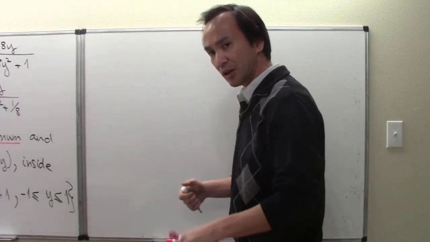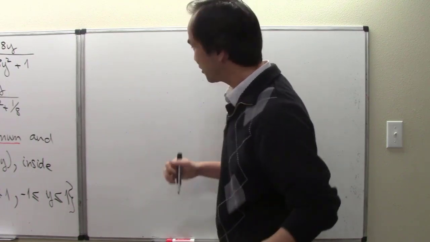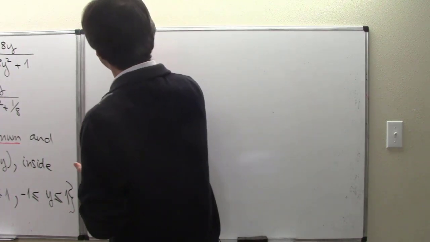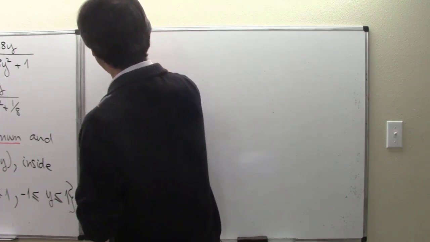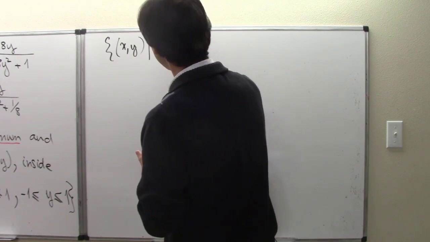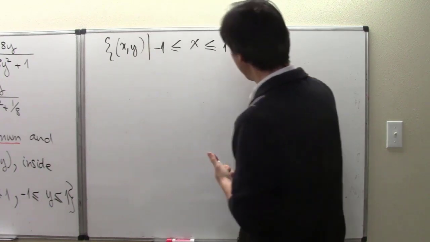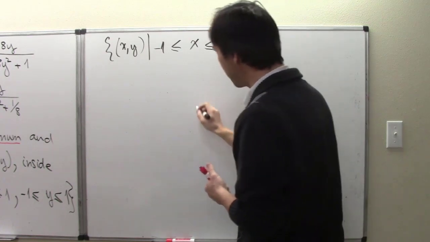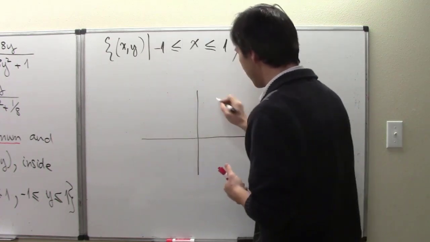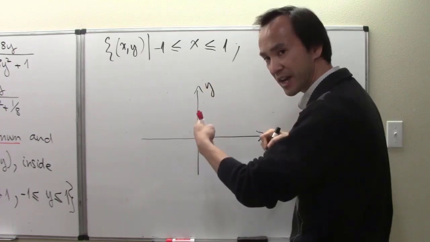So the region, according to the region description that we have seen, is all of the (x, y) pairs satisfying that the x value is greater than or equal to -1 and less than or equal to 1. That's the first part of the description of the region. Think of this as the x and y floor, looking straight down at it.